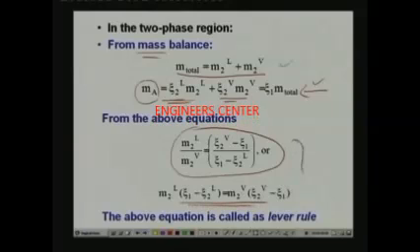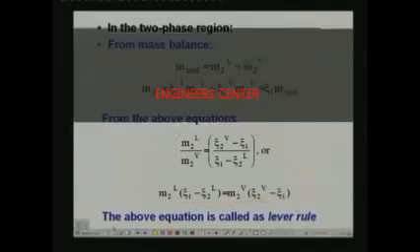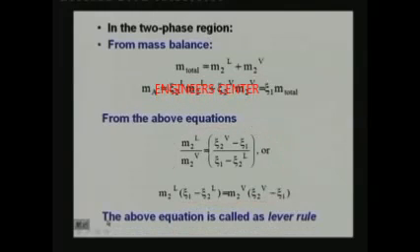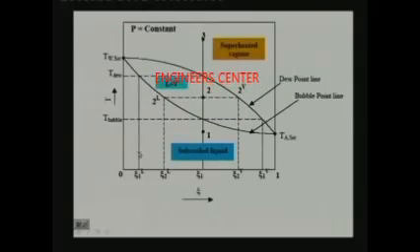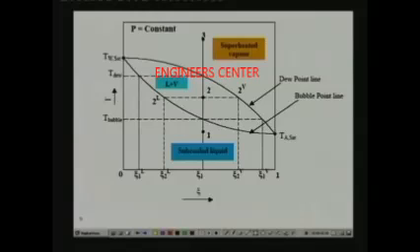Or you can also write this in this form. This particular rule is called the mixing rule, or sometimes the lever rule. What do we mean by lever rule? It means this point actually acts as a fulcrum.